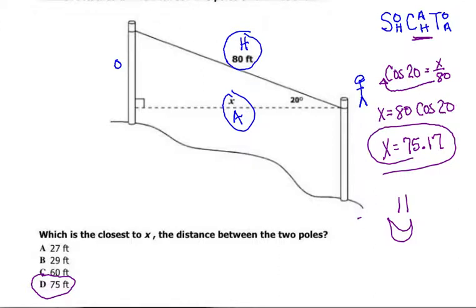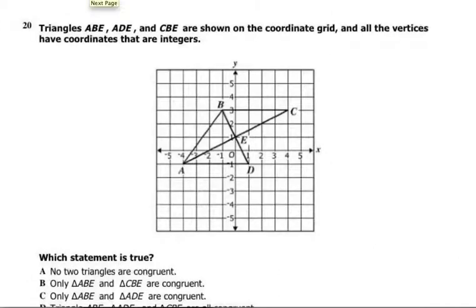Oh, but hubba, dude. Next, number 20. Triangles ABE, ADE, and CBE are shown on the coordinate grid.